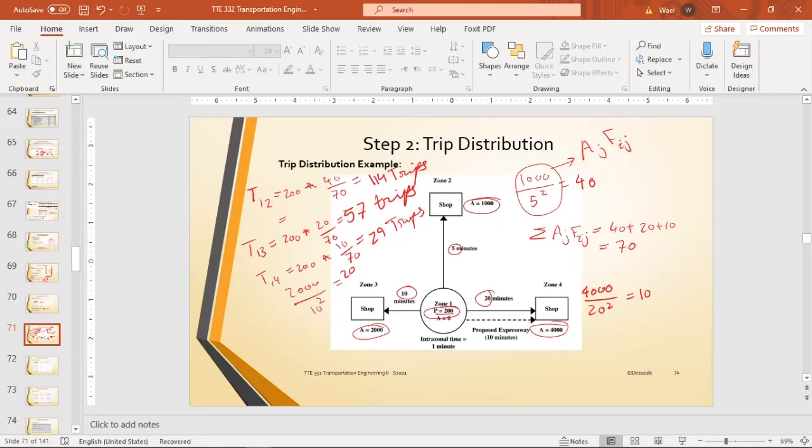Okay, that's how the gravity model works. So, is it clear for everybody? Okay, so we will go back to the example that we were solving, and let's have a look at this problem again.